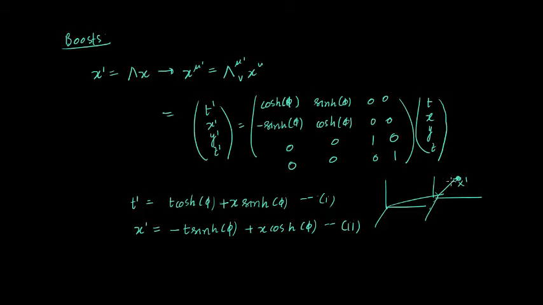If we set all this to 0, we are talking about the origin of O dash. So if we set x prime to be equal to 0, what we get is 0 equals negative t sinh phi plus x cosh phi.